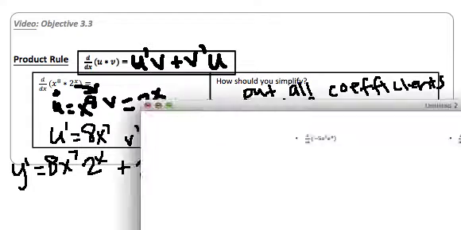So we have some other examples using the product rule. If you turn to your packet, we have these two here. My first one says the derivative of negative 5x to the 3rd times e to the x. I have two terms here. This right here is my u, and this right here is my v.